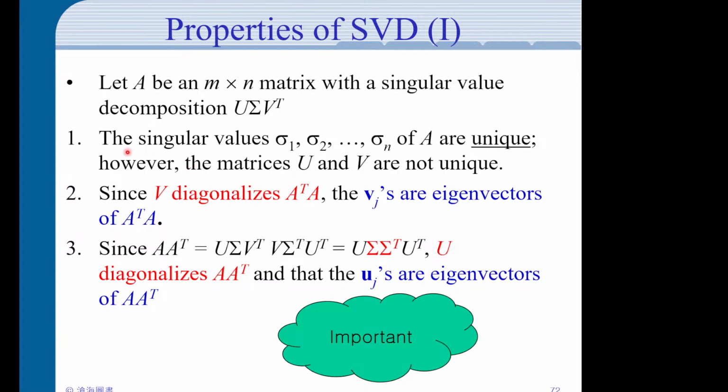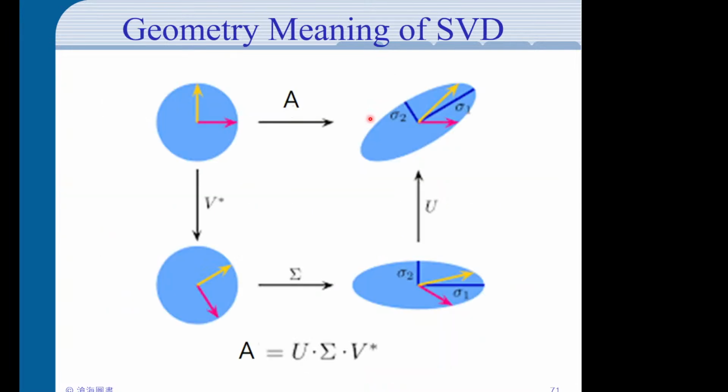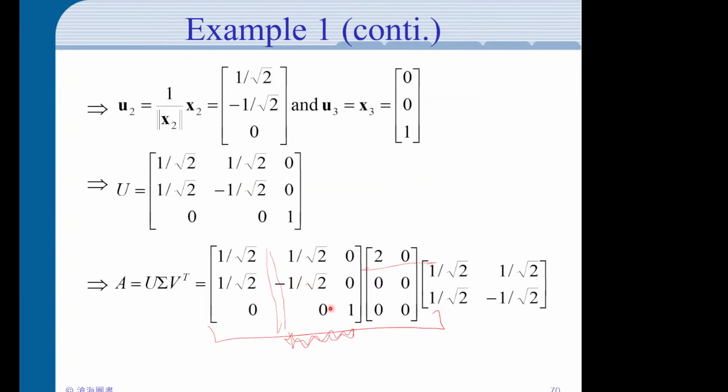The singular values sigma 1 to sigma n are unique because we put a lot of restrictions on them. They need to be positive, and they go from the biggest one to the smallest one. But U and V are not unique. For example, in U, these two columns, you can even swap them and it doesn't matter.